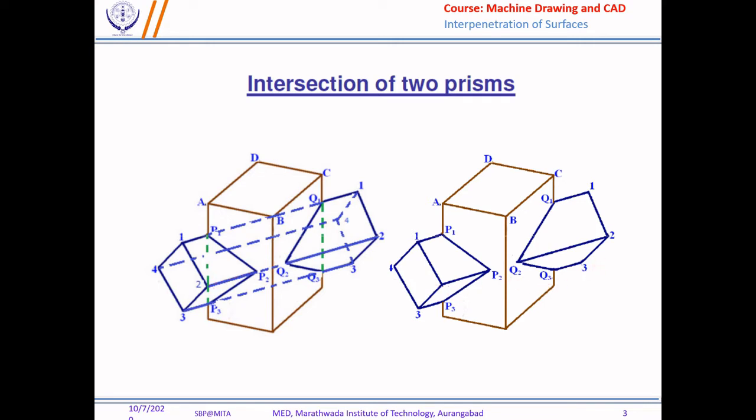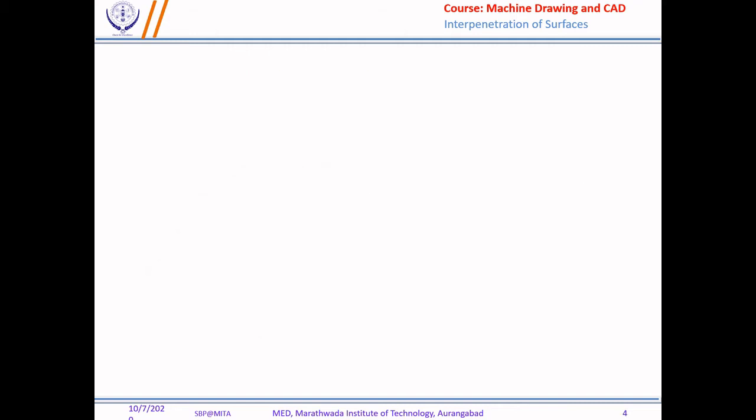Now let us see how to construct this properly in orthographic views. We see the step-by-step method for construction of the intersection of the surfaces for these two prisms. One is a vertical prism, the other is a horizontal prism.